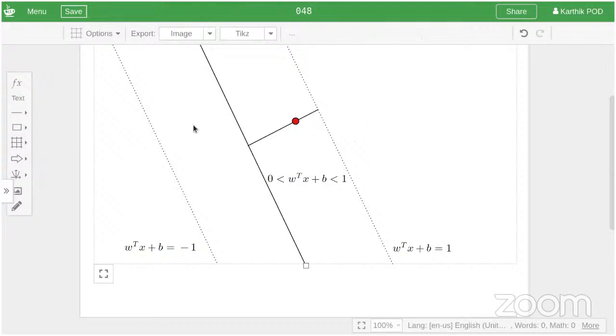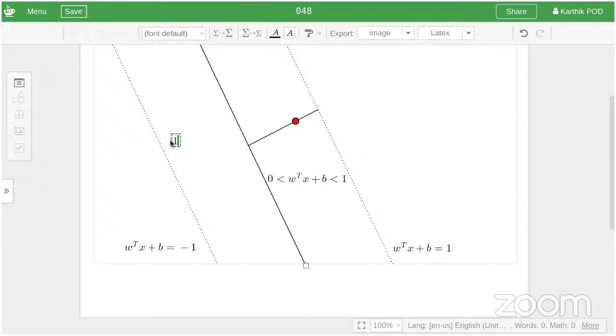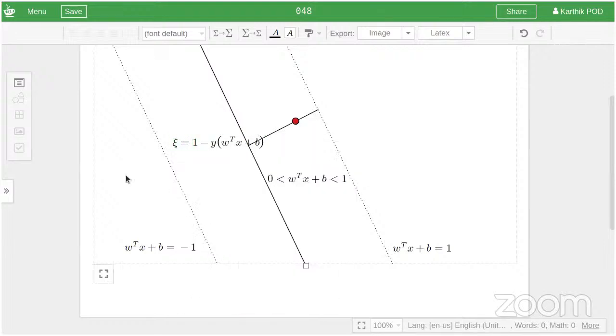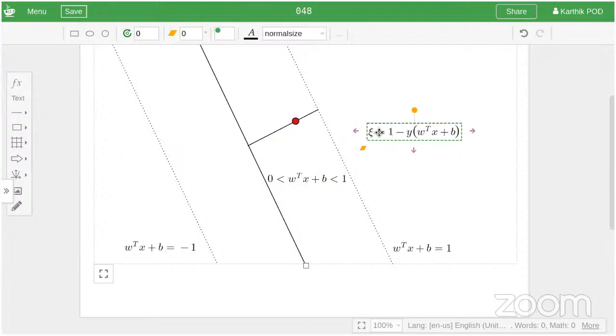Let me also write that down. 1 minus y into w transpose x plus b. This is that xi I. Okay, so this fellow will be between 0 and 1 in this region. Okay, it'll start at 0 on the bounding plane and then it will slowly increase and it will go to 1.